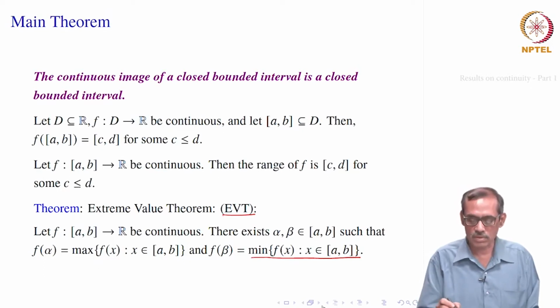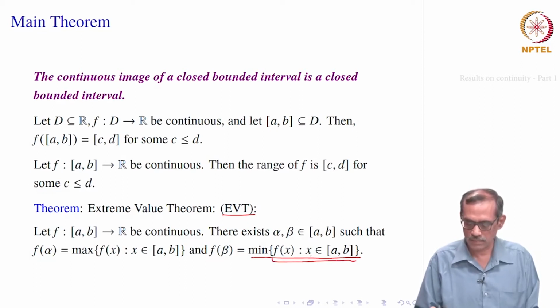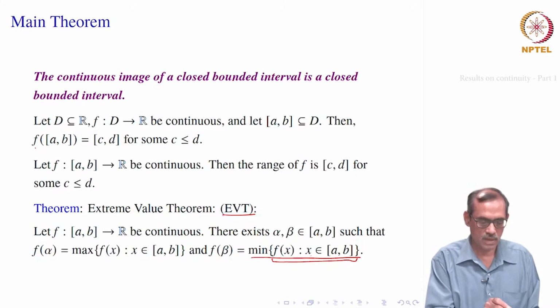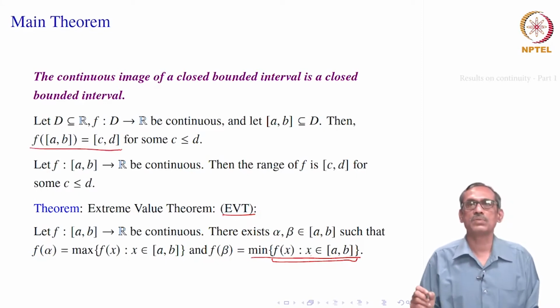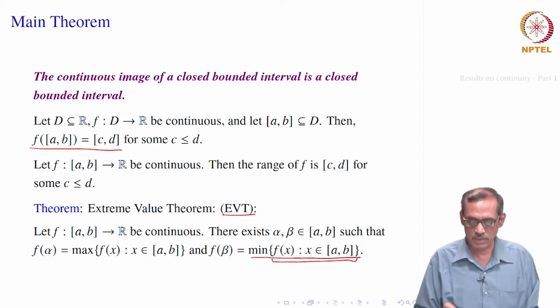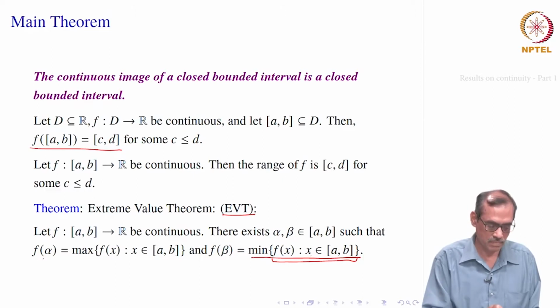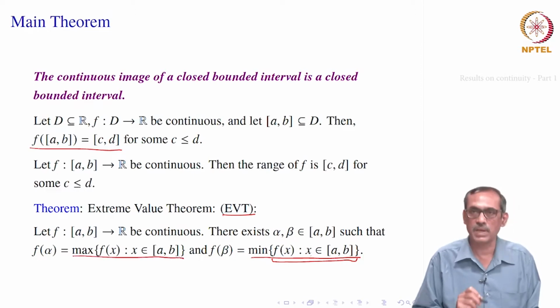And that follows, because f of [a, b] is equal to [c, d]. So, c is that minimum, the minimum of this exists, that is really c. Similarly, d will be the maximum. So, the maximum of the range also exists.